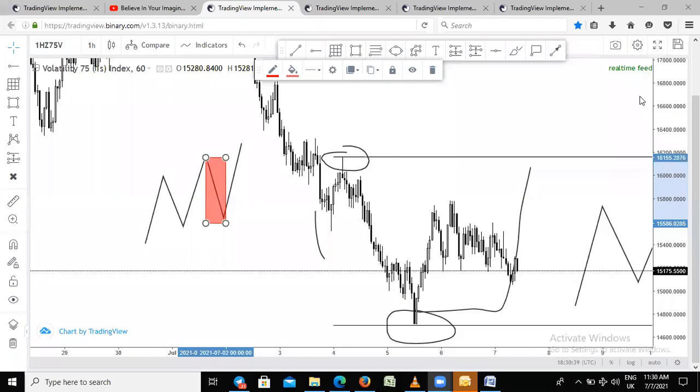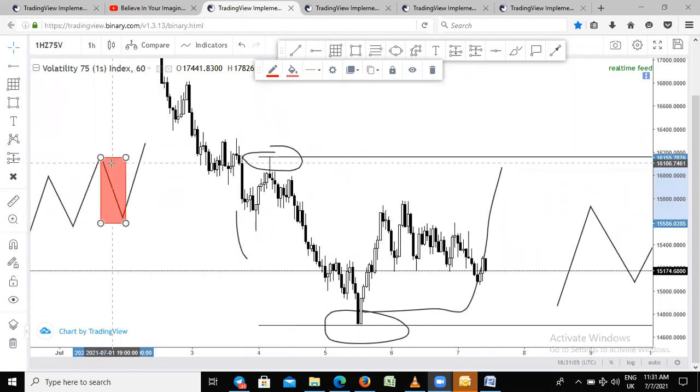Now, what I'm saying overall is that I told you all that daily is for direction. We also use 4 hours for structure. So in a 4-hour structure giving us a higher high, higher low, higher high, like how I explained here, when you see this retracement that is trying to give us this higher low on the 4 hours time frame, the 1 hour, the 30 minutes, the 15 minutes will be giving us noise.